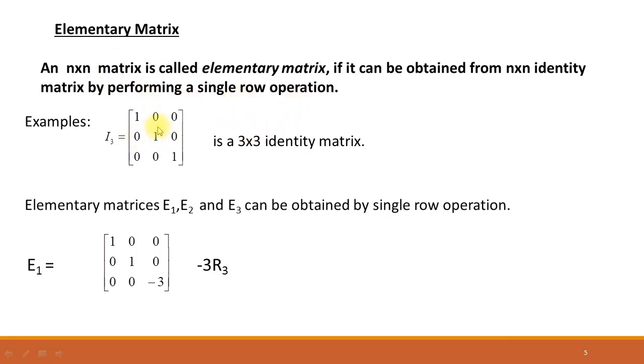For example, this is a 3 by 3 identity matrix. So the elementary matrices E1, E2 and E3 can be obtained by a single row operation. For example, this is elementary matrix E1, which is obtained by multiplying R3 by minus 3. We get this elementary matrix from the identity matrix: 1 0 0, 0 1 0, and 0 0 minus 3.